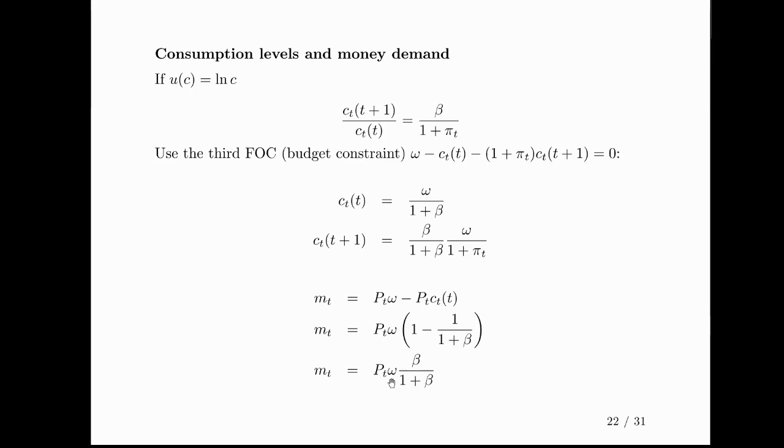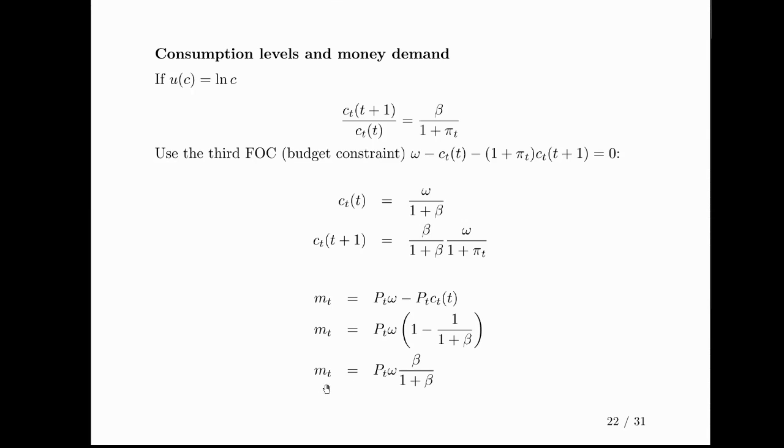Omega is what people produce, multiplied by beta over 1 plus beta, which measures what fraction of omega they're going to spend in each period. One thing that's not here, which we normally have in the quantity equation of money, is the velocity of money, how quickly people spend the money. Here we just assume that people spend it once and everybody spends the money, so there's no money that is not spent. That's why we get this simple expression.